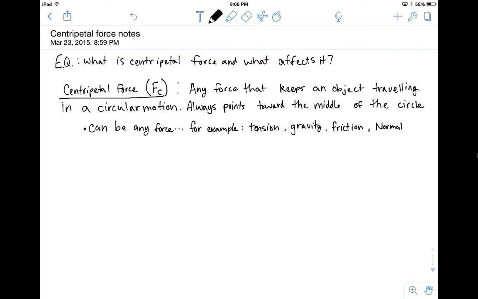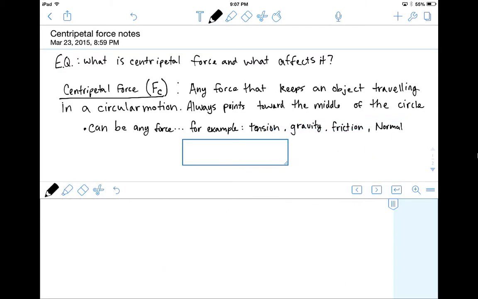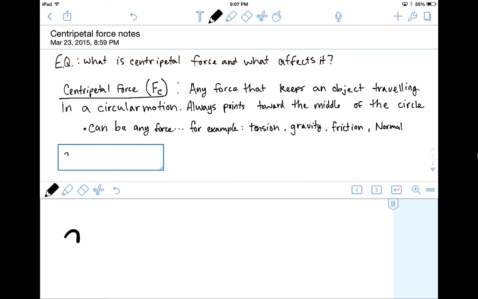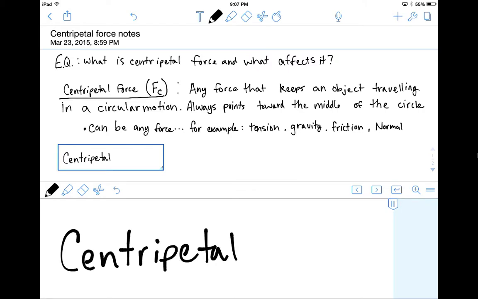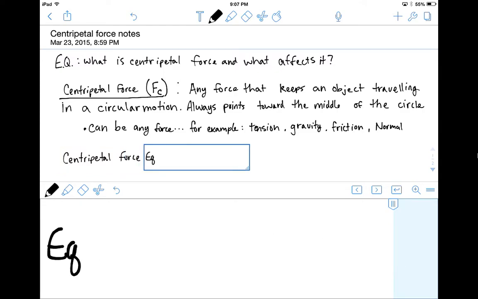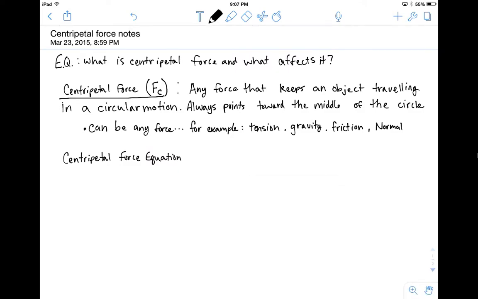Now what I want to do is let's move on, and I want to talk about an equation for centripetal force. Okay, so this section is going to be called centripetal force equation. Okay, centripetal force equation.